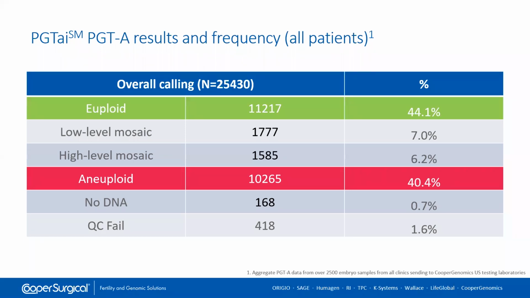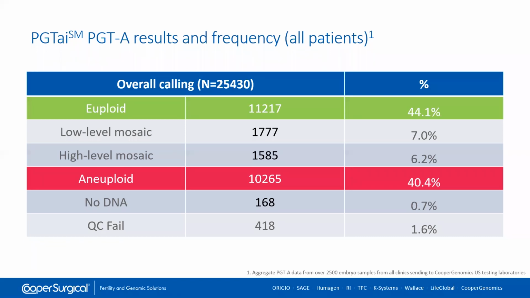And a QC fail is where the whole genome amplified product has been run on NGS, and unfortunately the data is unsuitable for interpretation. These should not be considered as failed embryos and lumped into the aneuploid. They have the potential to be rebiopsied. They have the potential to have an answer, which could fall anywhere between the euploid and the aneuploid.